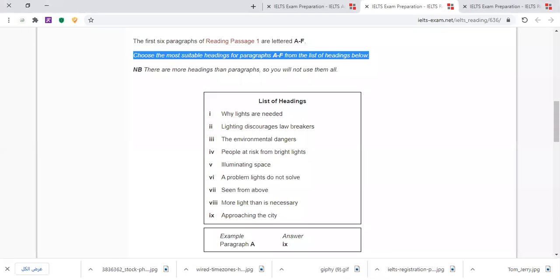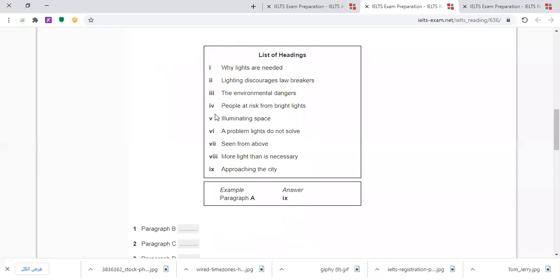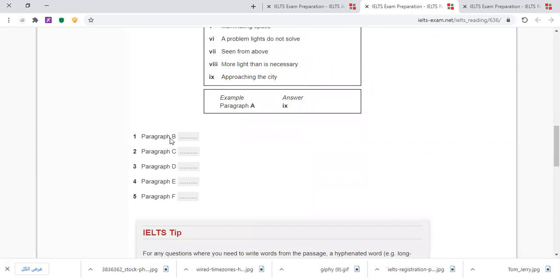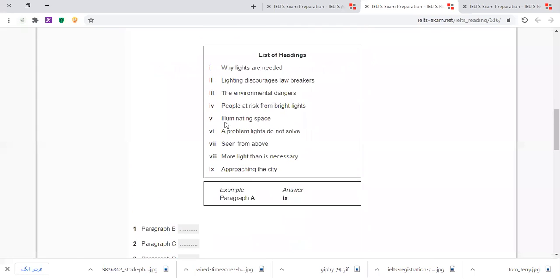Yes, Khuzama. Choose the most suitable heading for paragraphs A to F from the list of headings below. Thank you so much. You're going to choose the most suitable headings, a topic or title, for paragraphs from A to F. Those are the headings. And you're going to read the paragraphs, not all the paragraphs, until F, from B to F, and you're going to choose.